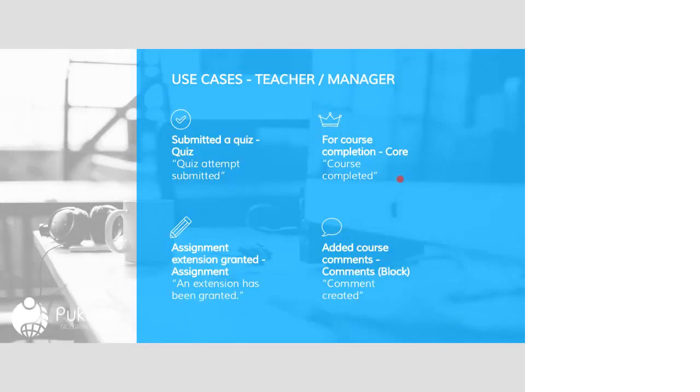As a teacher or a manager, I came up with just a few ideas. So you could receive a notification when a student attempts a quiz, or if a course is completed, or for an assignment if an extension has been granted, or the last one there, the comments block.